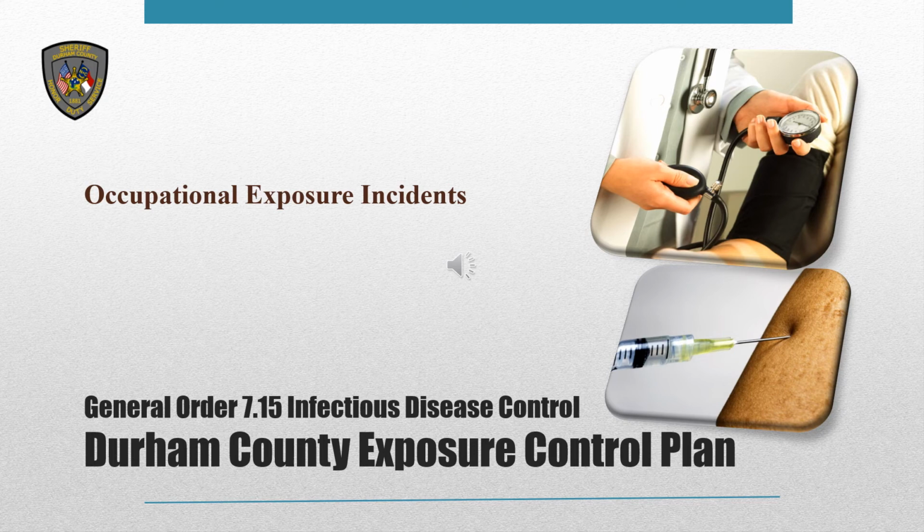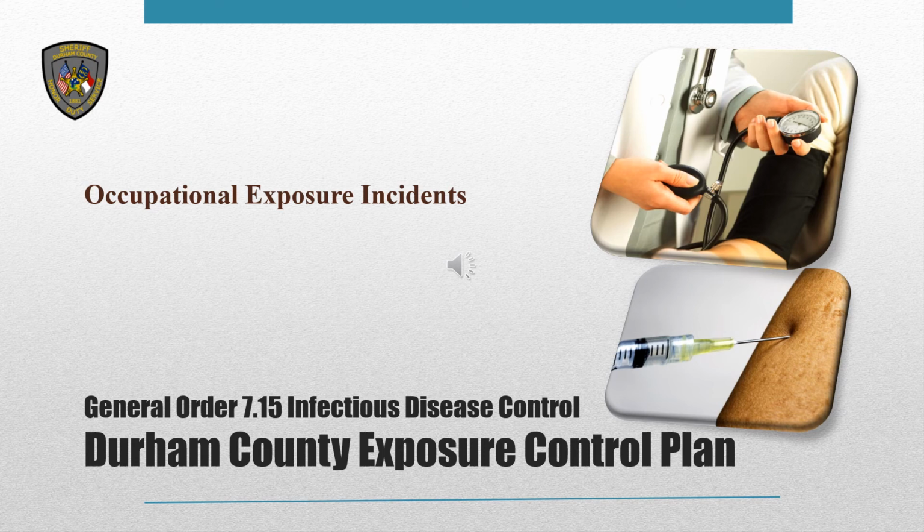Direct mouth-to-mouth CPR. The receiving of a puncture wound from a contaminated needle or a cut from a contaminated sharp item. The receiving of a human bite resulting in penetration of the officer's skin. Direct contact of blood or other bodily fluids with the eyes, mouth, or other mucous membranes.